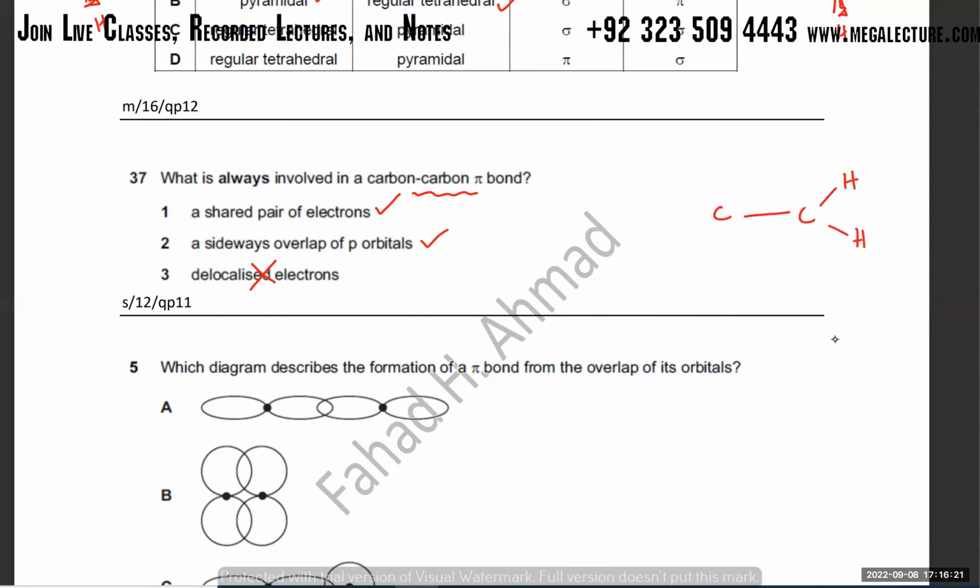When carbon forms an ethene molecule, what will happen is the fourth electron, they would form, their orbitals will overlap in a sideways manner, and that would result in the formation of a pi bond. That's what ethene would look like.